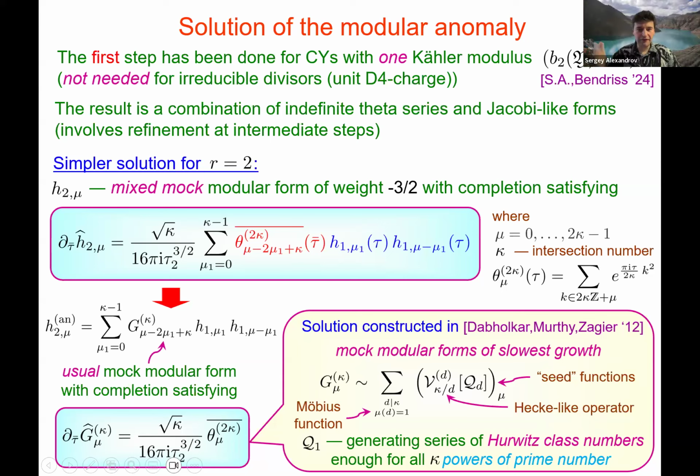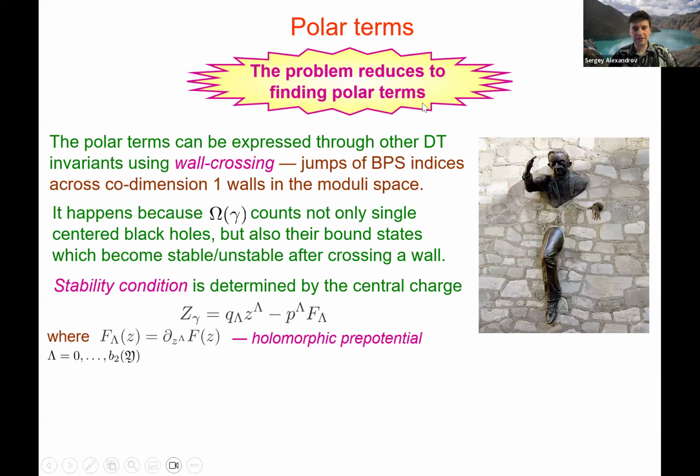Okay. So given that we solved this, let's restrict in the following to this one modulus case. Then we have solved this modular anomaly equation, and this reduces the whole problem to finding just the polar terms. But this problem is actually quite non-trivial. The general idea of how it can be solved is to use the so-called wall crossing.